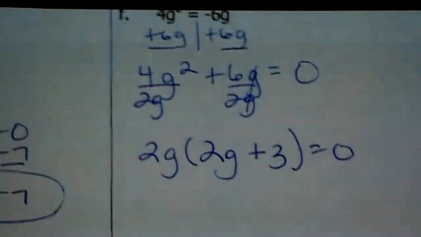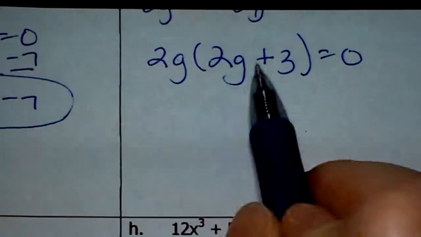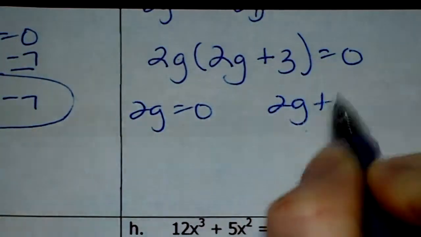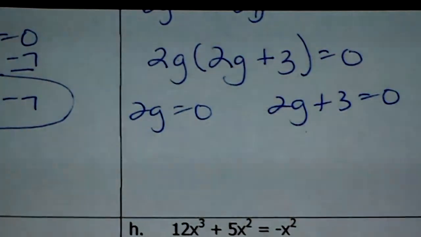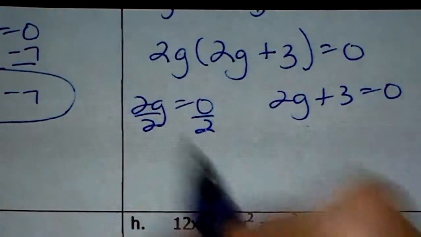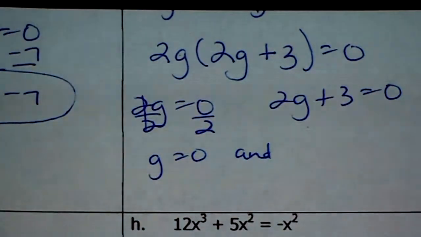Now, it's just like lesson 7-5. If this times this equals 0, then either this is 0 and or that's 0. So solve them both. This one you divide by 2 and g is 0. And this one now I've got a little two-step. It's okay. It's no big deal.